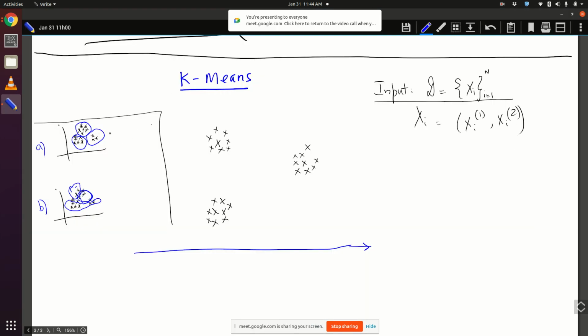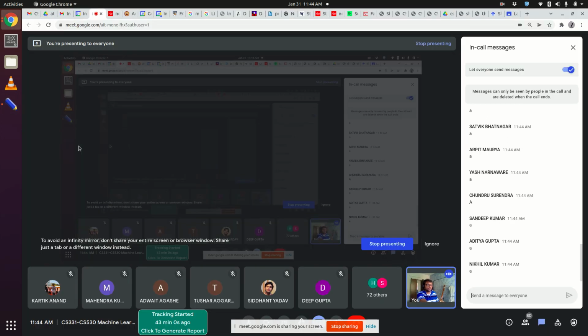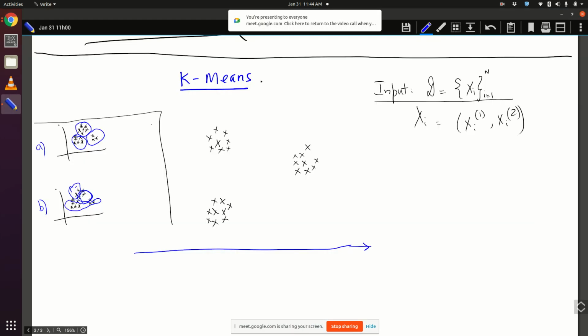So how do you know A is better? Can someone tell, why do you think A is better? Because the points in the cluster are closest, the distance from the center of the circle is smallest. Okay, that is actually the reason.